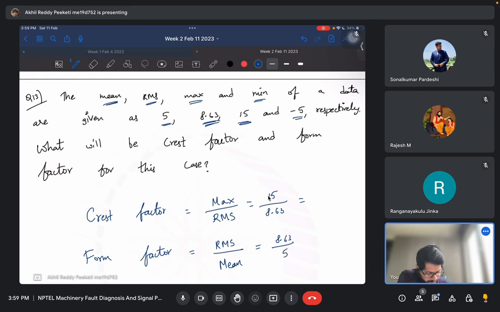Mean is given as 5. We discussed this in our first question, and I hope you remember it. So this is how you can estimate the crest factor and form factor in terms of the maximum value and the RMS values.